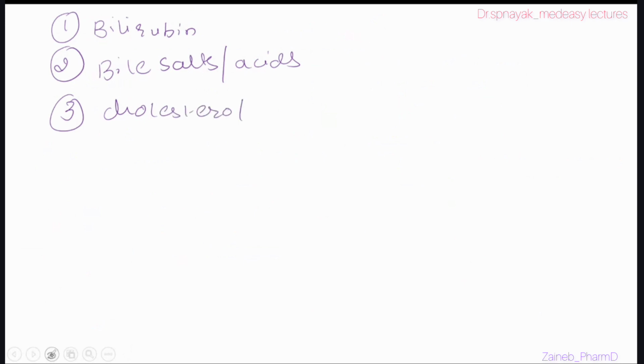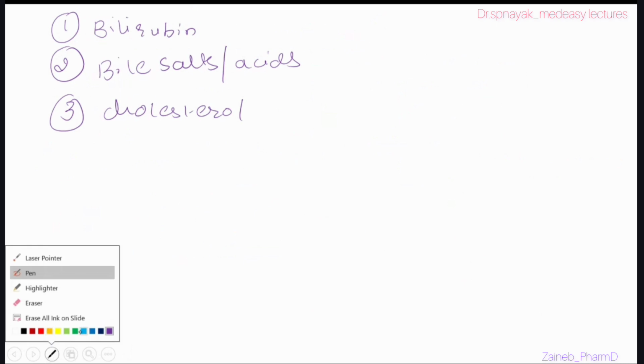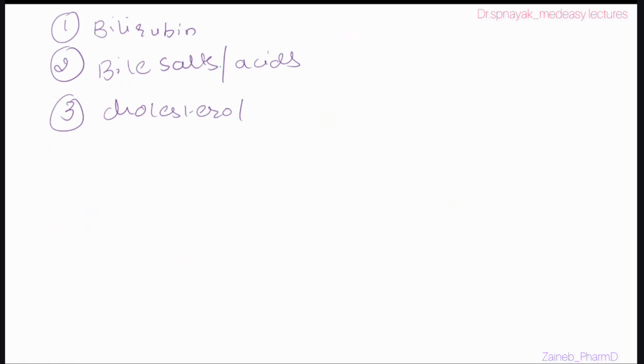So if the bile outflow is obstructed, then this bile gets spilled into the blood, and the patient will have an elevated level of bilirubin, elevated bile salts and acids, and also elevated cholesterol. If the patient has all these three conditions, it is said to be cholestasis.